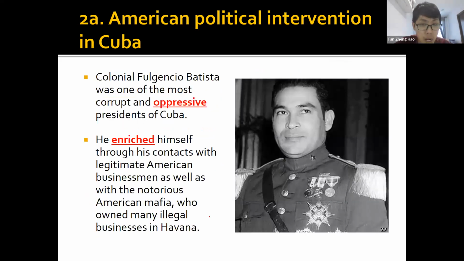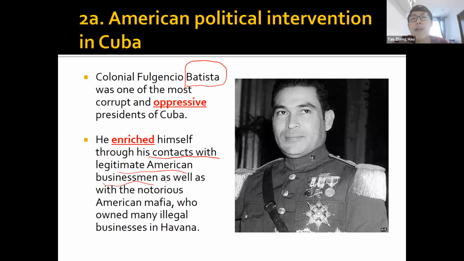One of the examples of an American puppet, a ruler that was controlled by America, was this Cuban ruler called Batista. You can roughly remember his name. Maybe you don't need to know Fulgencio. But he's basically one example you can use to show how America can sometimes have a very strong control over Cuba, because this Batista figure has a lot of contacts with American businessmen.